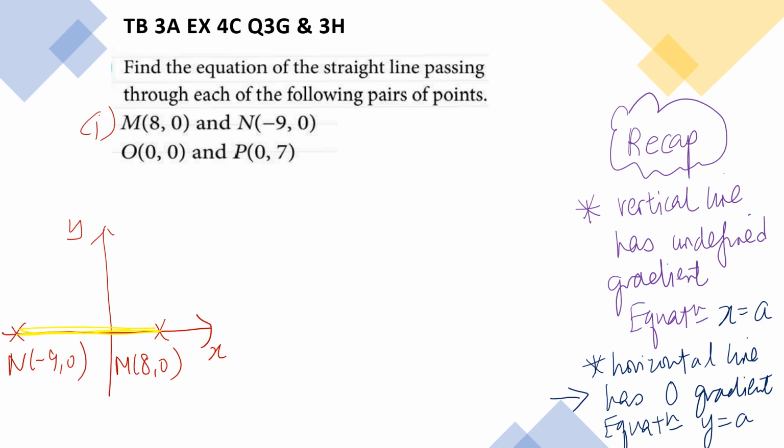So therefore, for part I, the equation of the straight line, this one is 3G, okay? Question 3G, not part I, sorry.